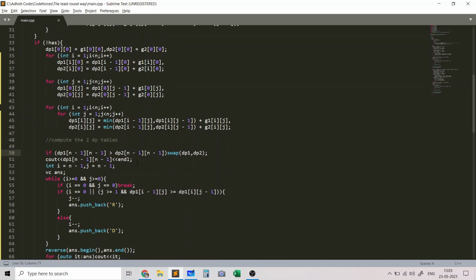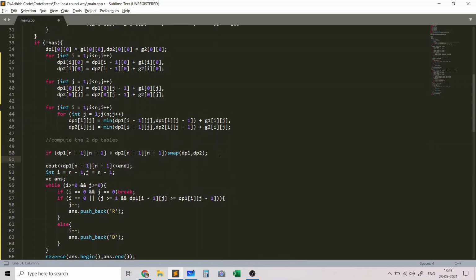In the output, if dp1 of n minus 1 comma n minus 1 is greater than dp2 of n minus 1 comma n minus 1, we swap them, so that we have dp1 of n minus 1 comma n minus 1 less than or equal to dp2 of n minus 1 comma n minus 1.